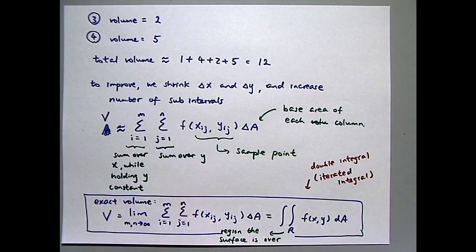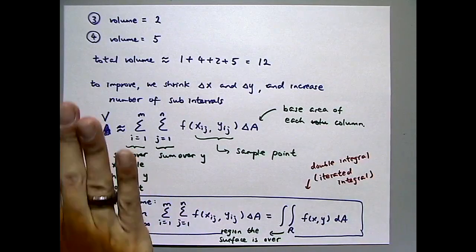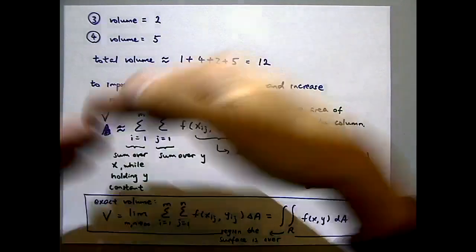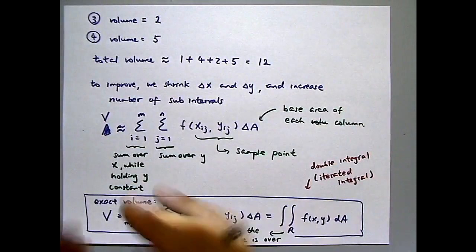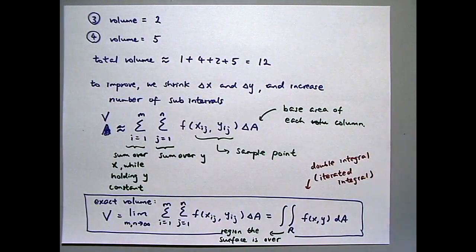We sum over one thing while holding something else constant. And then we sum over some other thing while holding the other thing constant. We iterate a process one variable at a time. Okay, so let's calculate the exact volume of the one we just estimated. And then we'll compare to see how good the estimation was.